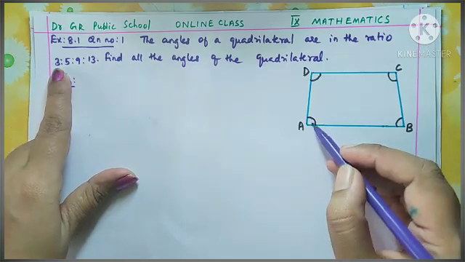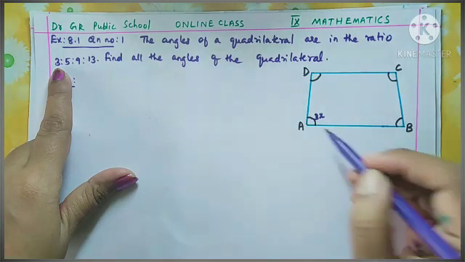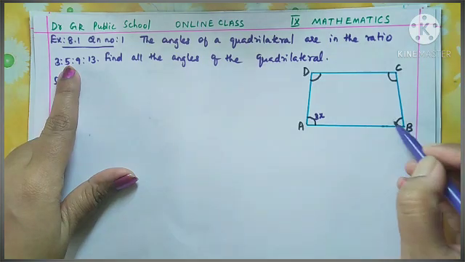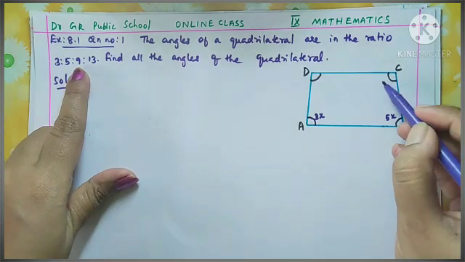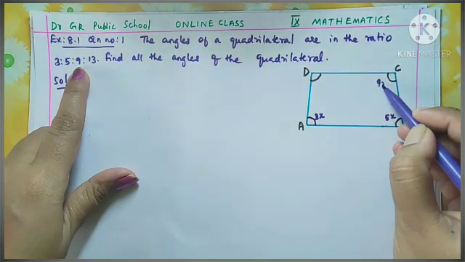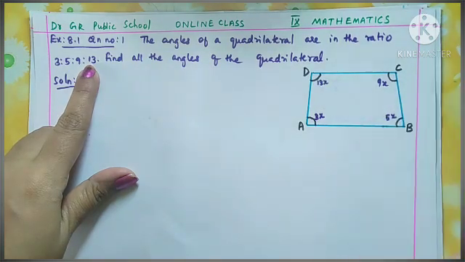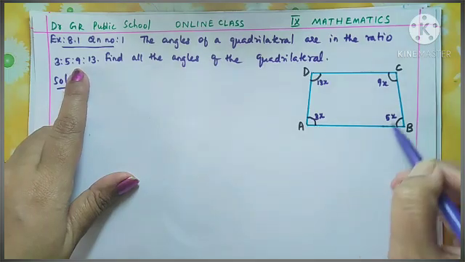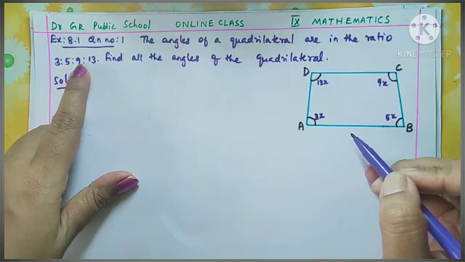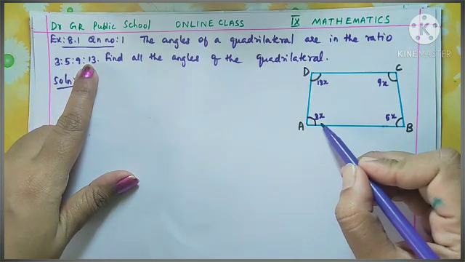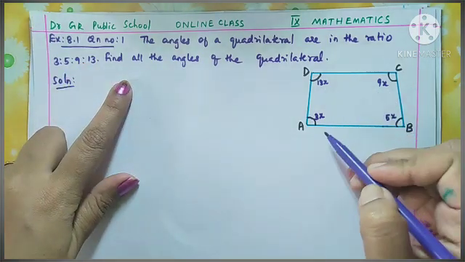So you can say the first angle A is 3 times an angle x. Similarly, the second angle is 5 times x, C is 9 times x, and D, with ratio 13, is 13 times x. So we take the first angle as 3x, second angle 5x, third angle 9x, and fourth angle 13x.